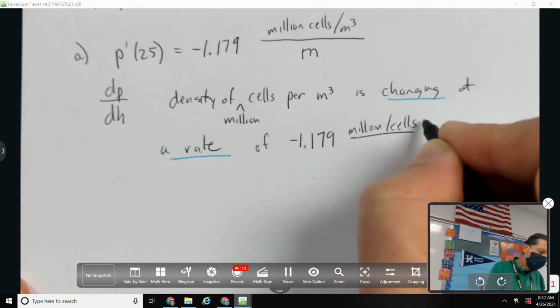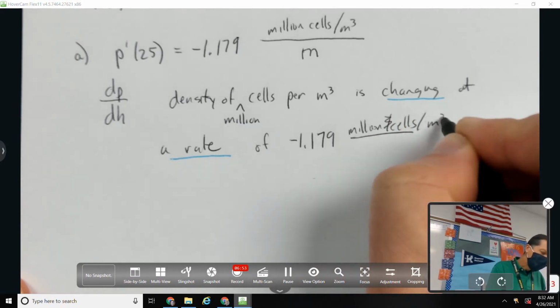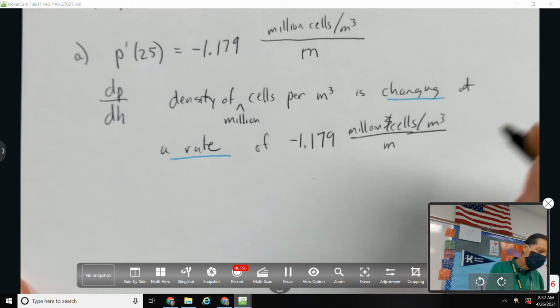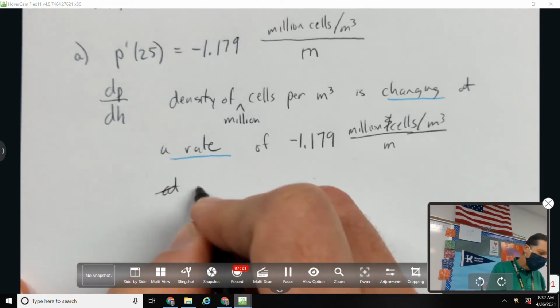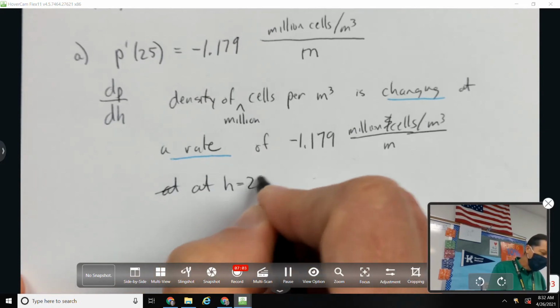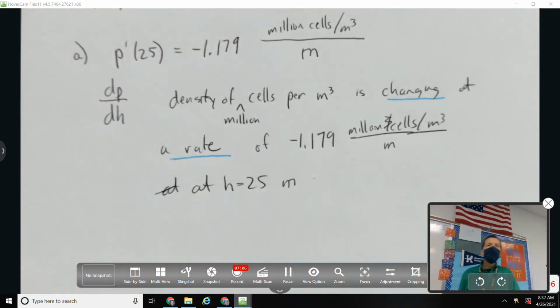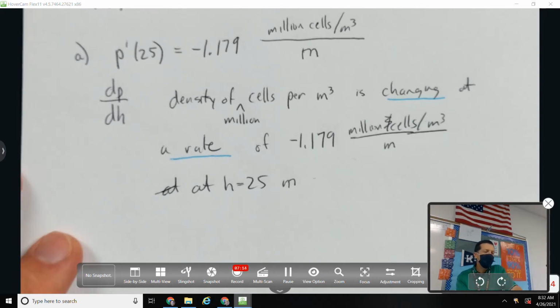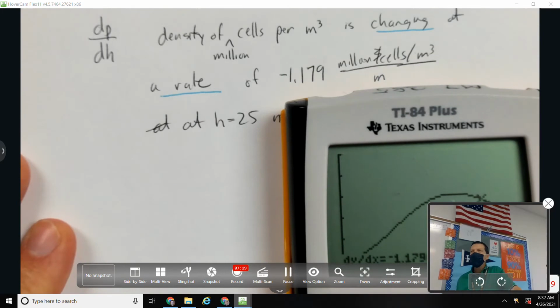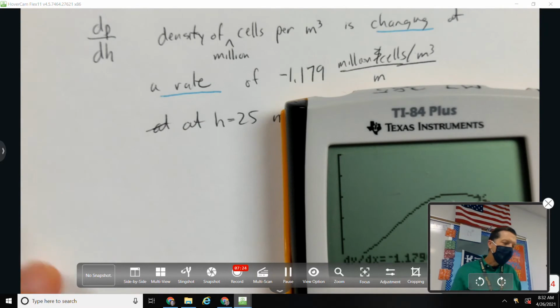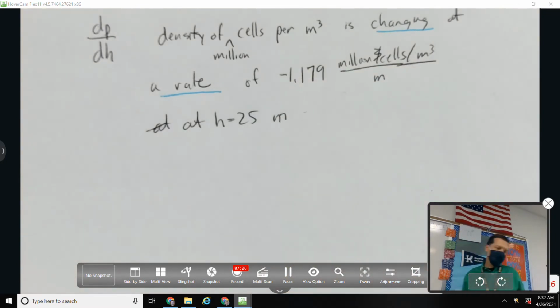Million cells per meter cubed over meter when, or at, H equals 25 meters. So I think that's a sufficient answer for part A. I want to try to convince myself the density is going down. It's like the density increases to whatever that maximum is, and then after that, the density of cells decreases.